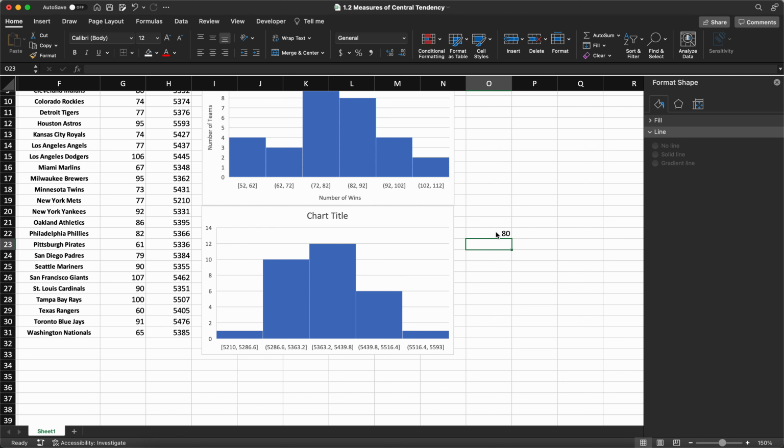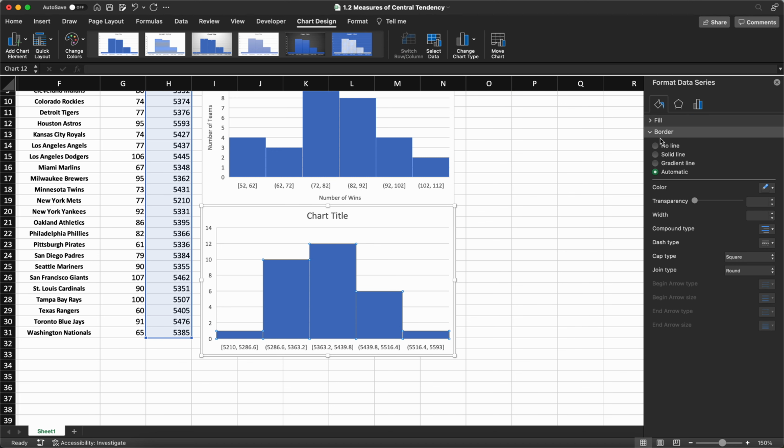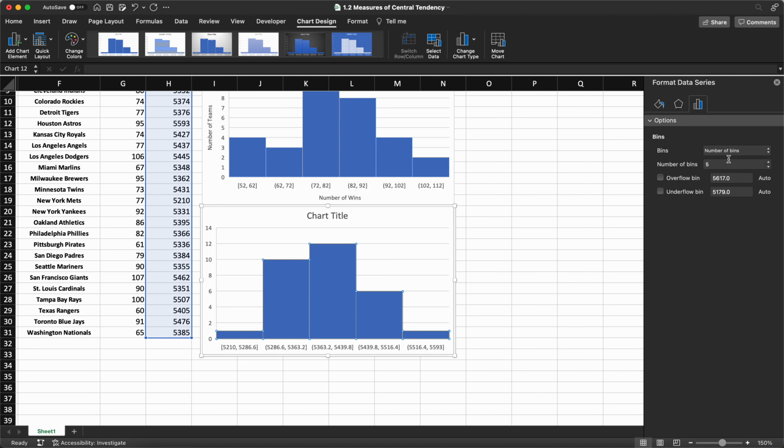It's basically 80. So I don't know why this isn't exactly 80. So I'm just going to change my bin width to be 80. All right.